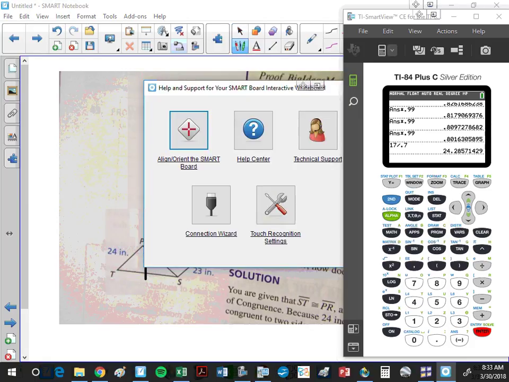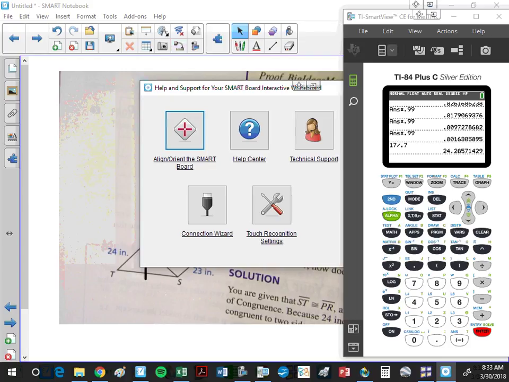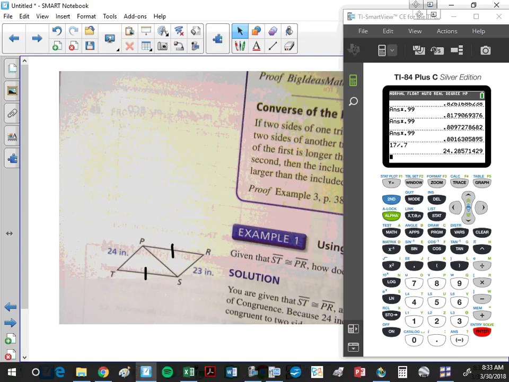Which one? Oh, what did I do? Sorry. Okay. The ones that are the same, right? This one is equal to itself. Okay. So in this first triangle, we're going to be talking about that angle. In the second triangle, we're going to be talking about this angle.